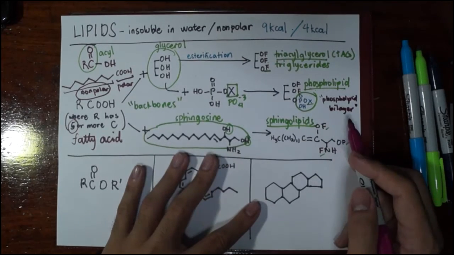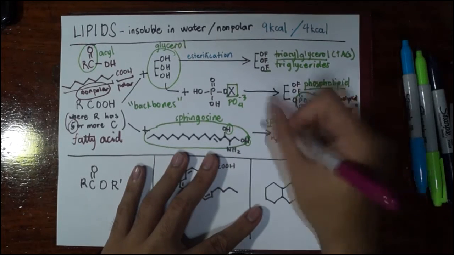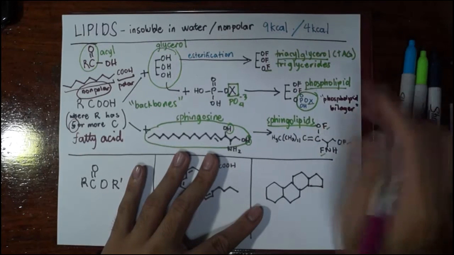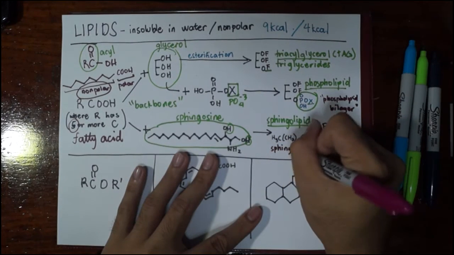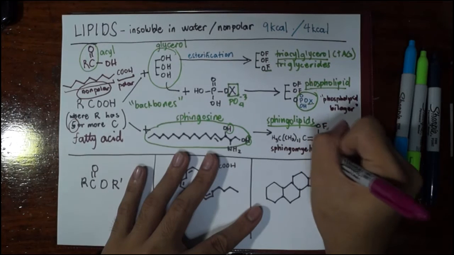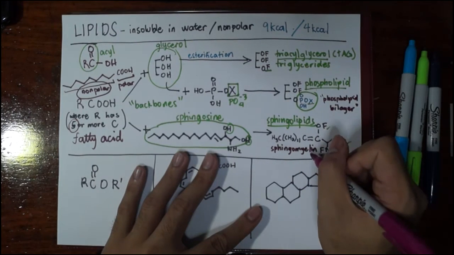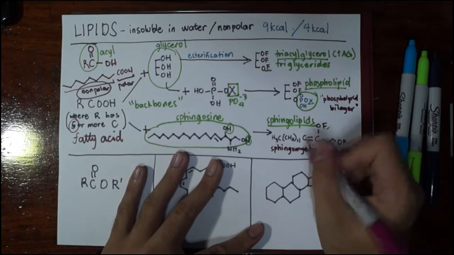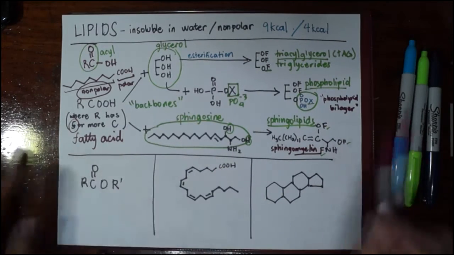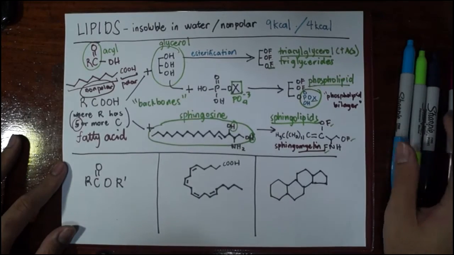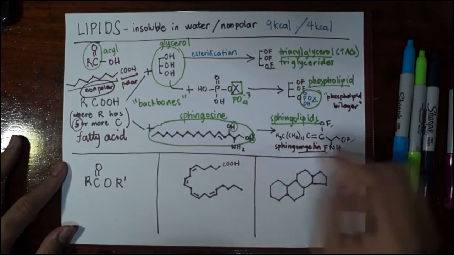And for sphingolipids, I'll just pick out a particular sphingolipid. The name of that sphingolipid is sphingomyelin. Sphingomyelin is the major lipid found in, well, what's myelin? Myelin sheaths found in our nerve cells. Alright, so very diverse functions.